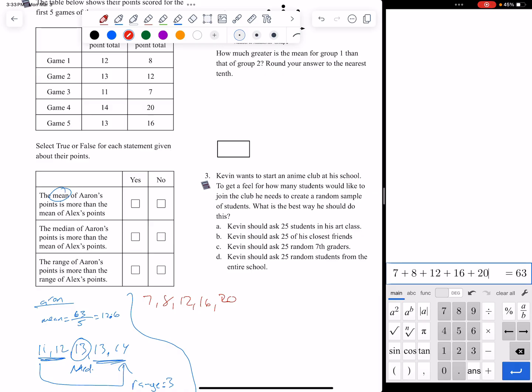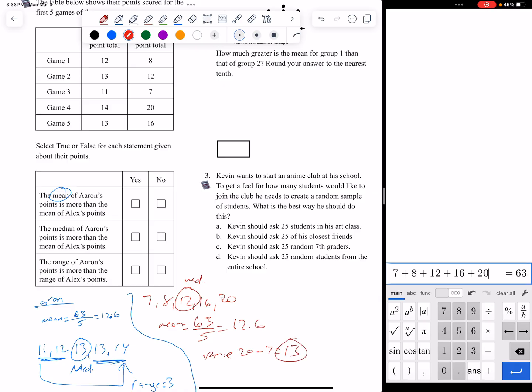And I got 63. Okay, so it looks like the mean should be the same. So 12.6. Okay. All right. So what is after the median? The median is the one smack dab in the middle. So my median is 12, and my range is from 7 to 20. So 20 minus 7 equals 13.